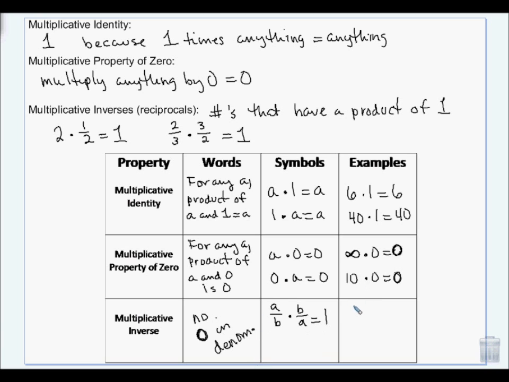Okay, so if I do 5/4 and I do 4/5, these are reciprocals of each other. They're also multiplicative inverses. They give me a 1 if I multiply them. If you have a whole number, the reciprocal is 1 over that number.